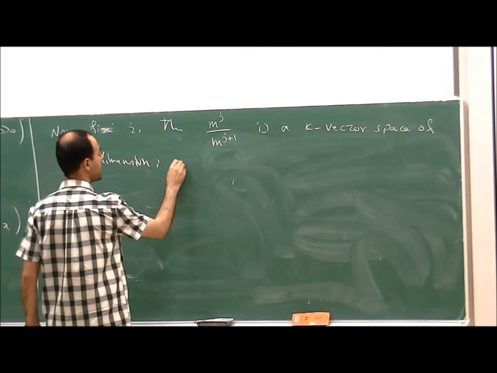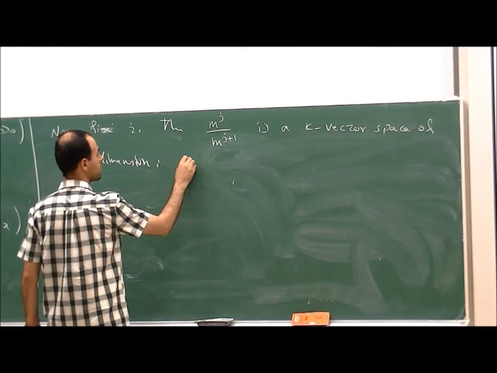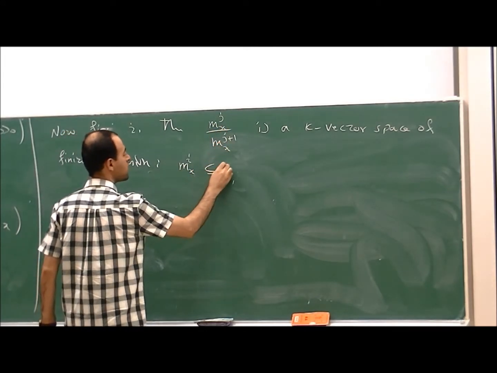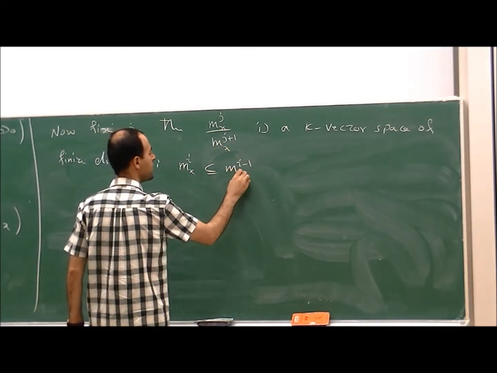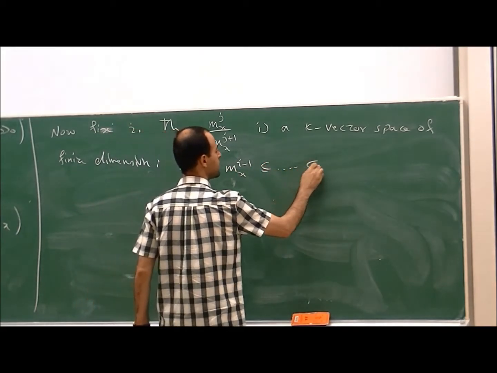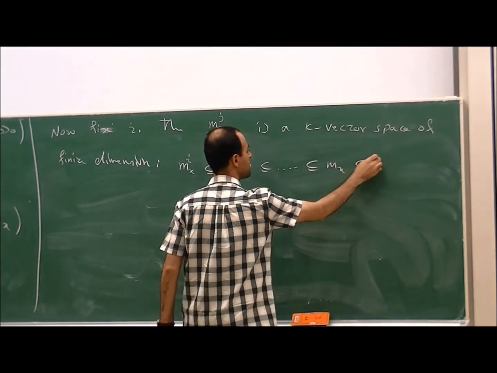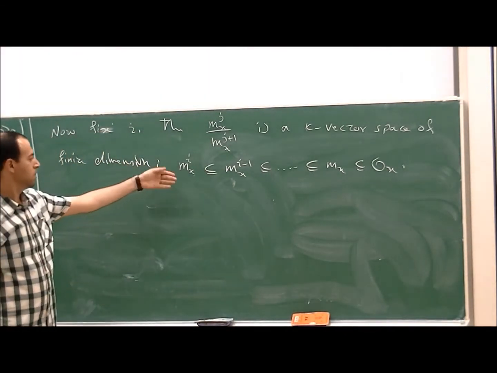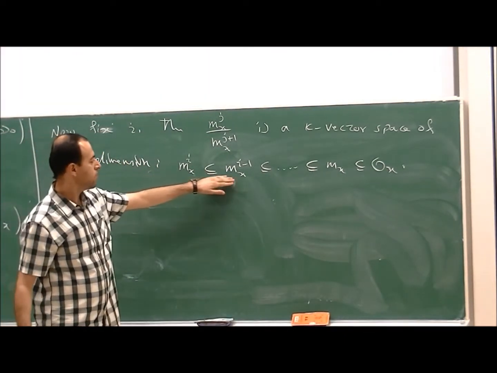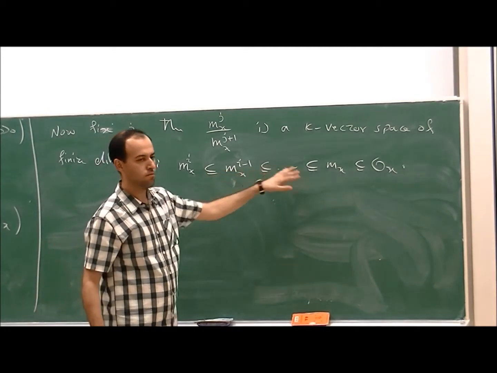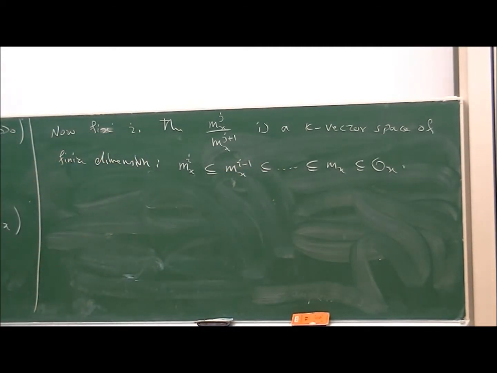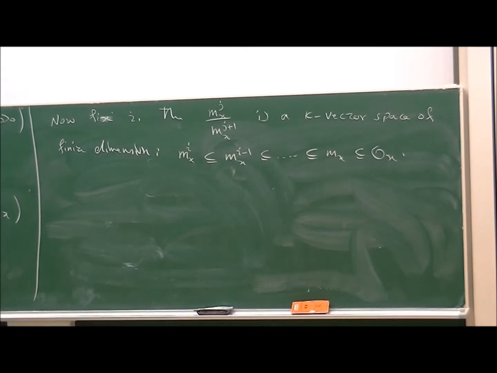So the idea is to look at this filtration essentially. We have m_x^i inside m_x^(i-1) and so on until you get to m_x and finally O_X. So you have a filtration of this form, and when you look at the quotients, they are vector spaces over k and they have certain fixed finite dimension.